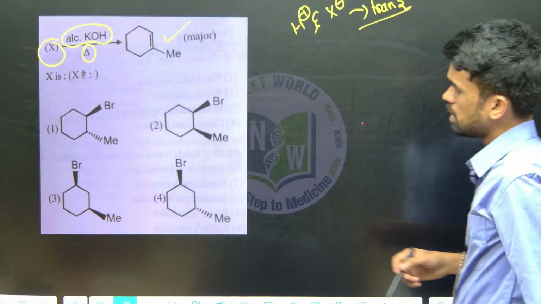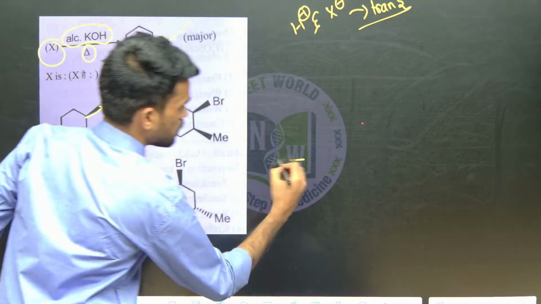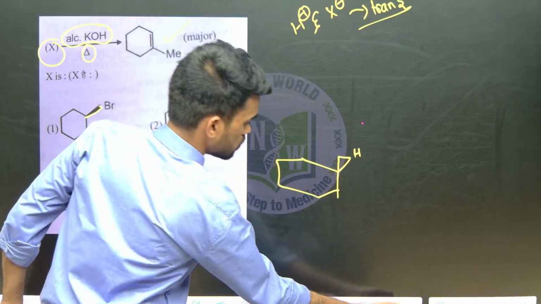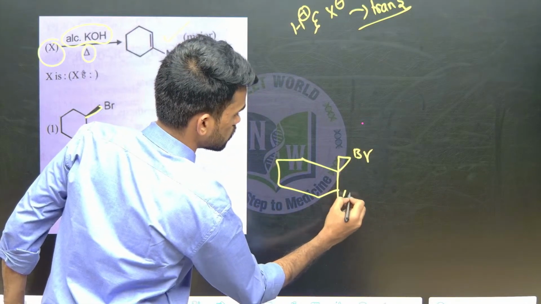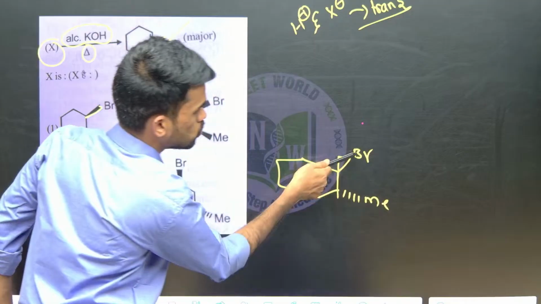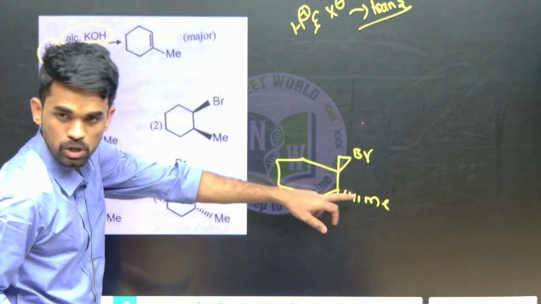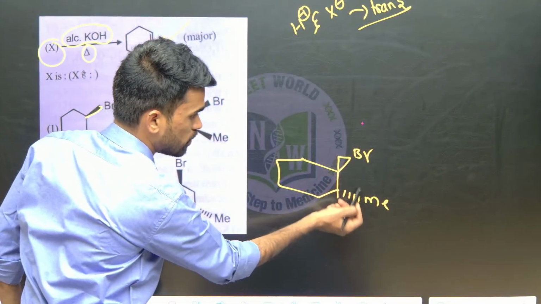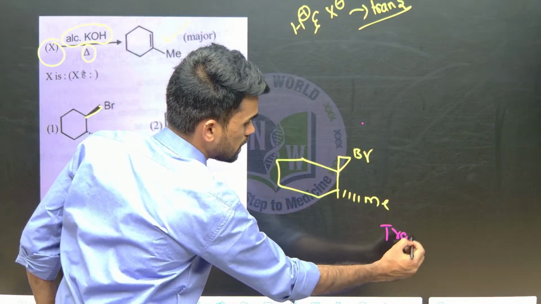So if you observe here, the bromine is above the plane now. See, remember this thing. So these two groups are trans to each other. This is above the plane, this is below the plane. If the configurations differ, then these two can be related as trans.